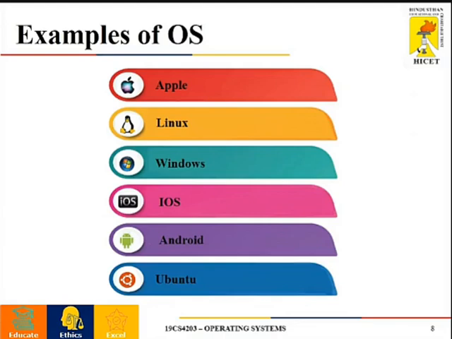Then iOS, again provided by Apple for the iPhones. And then Android, the popular mobile phones nowadays come with the Android operating system. All of you might be using it. Then Ubuntu. Ubuntu is again a flavor of Linux OS. So these are the different real examples of the OS that are available in the market.